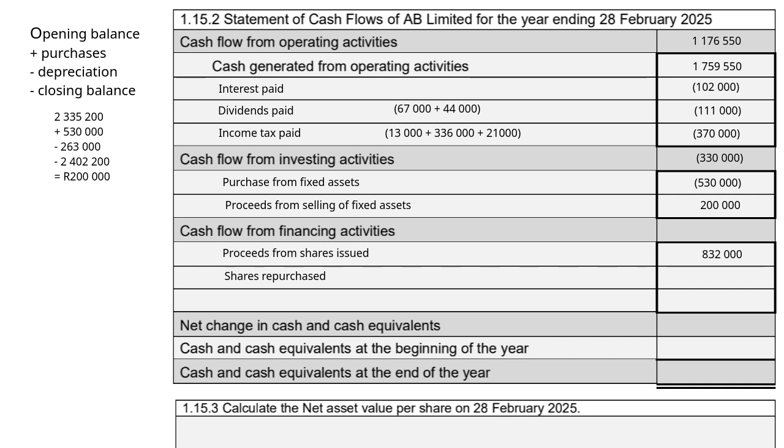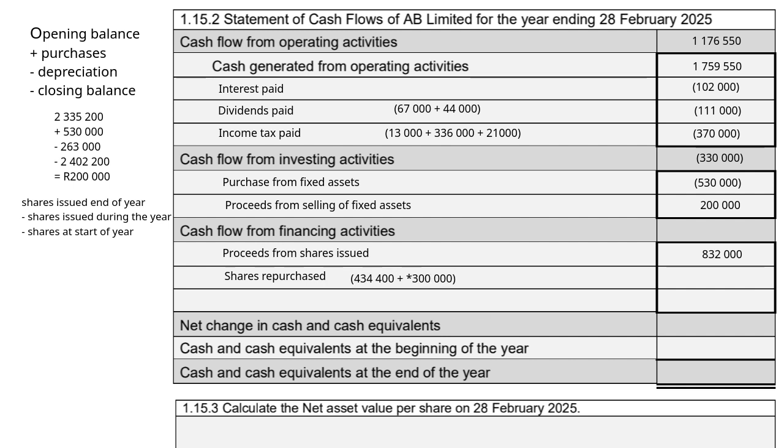So to work out that amount, we work backwards. We're going to take the shares issued, that amount issued at the end of the year, minus the shares issued during the year, and minus the shares at the start of the year. And that will then give us an amount of 434,400 Rand.